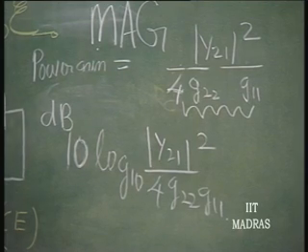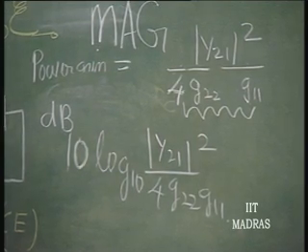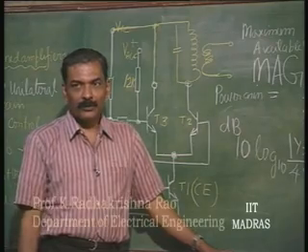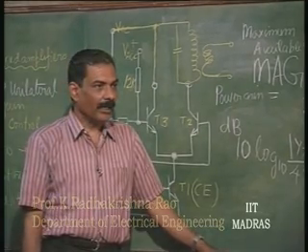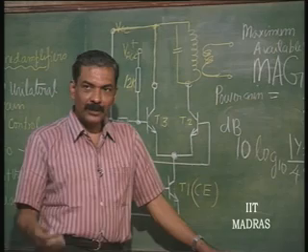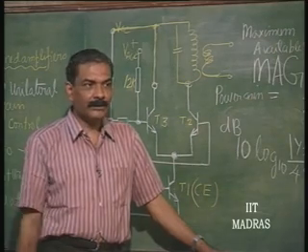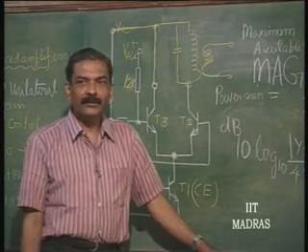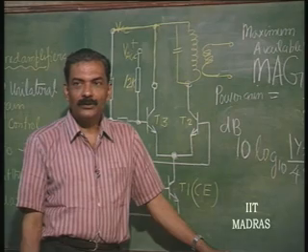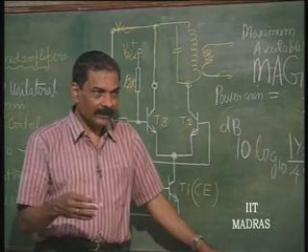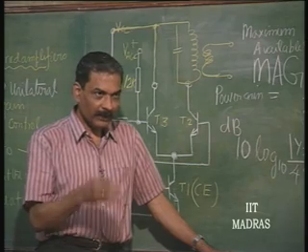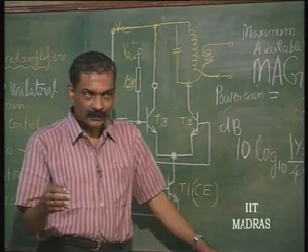And suppose, let us say, you are asked to design an IF strip whose gain is 30 decibels, and you know that you have a device whose MAG is 20 decibels. Then you know that you have to use more than one stage in order to get for this IF strip a gain of 30 decibels. Right?